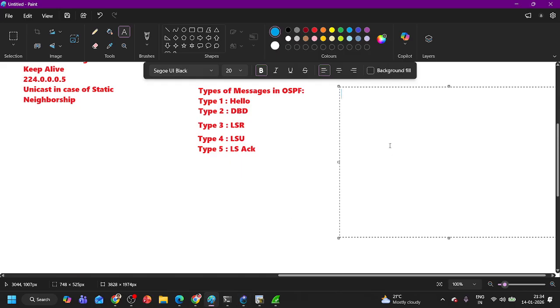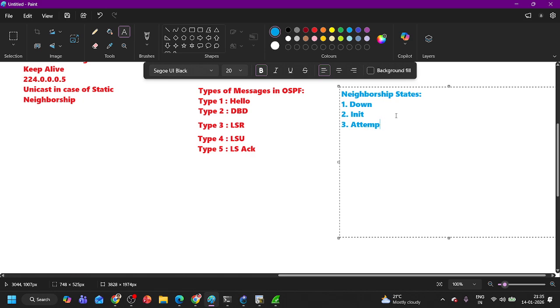Understand all the other states. First state is down state. What does it mean? Anyone have an idea about down state? Then init state.